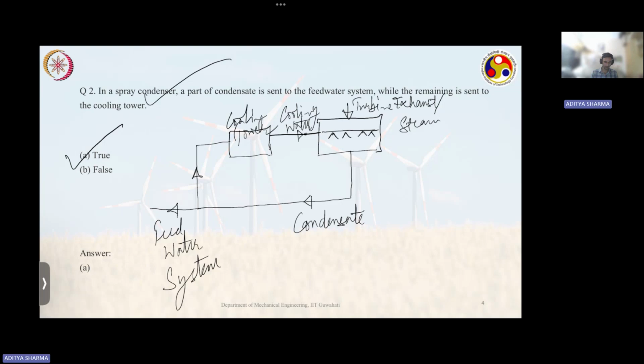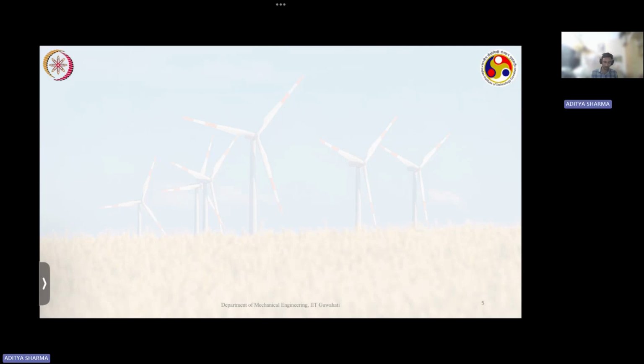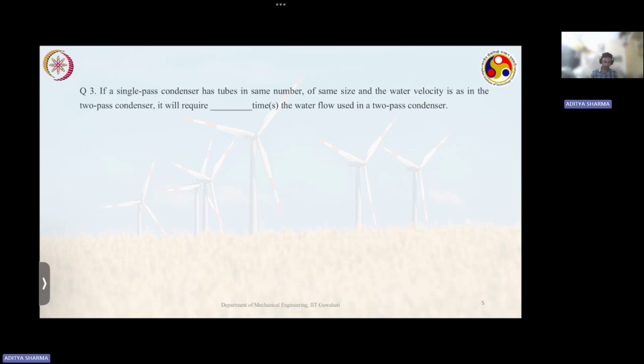Spray condenser, a type of direct contact type, right? Your water is sprayed here and your steam is coming from here, and they directly come in contact and condense the steam. All right. Then moving on to next question.